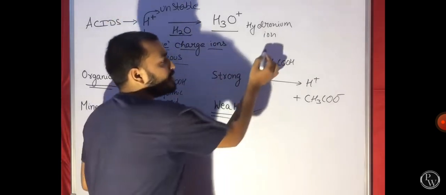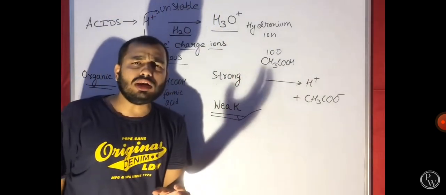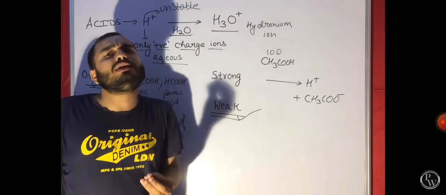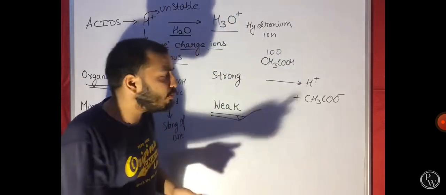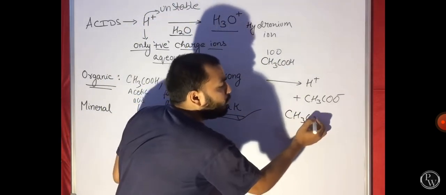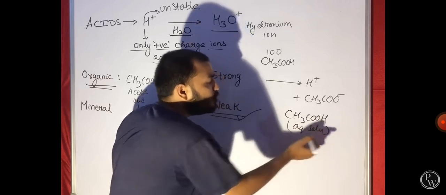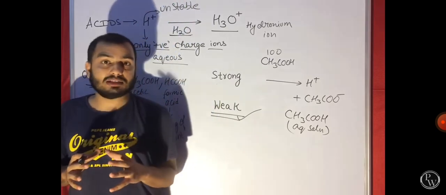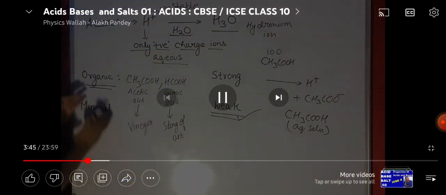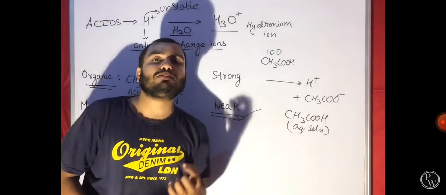What happens if I take 100 molecules of acetic acid? Only 10, 5, 3, 2 molecules will give H+. The remaining 95 molecules will remain as molecules in the aqueous solution. All the molecules will not furnish H+ ions. So in the case of a weak acid, which are organic acids, they do not furnish total H+ ion.